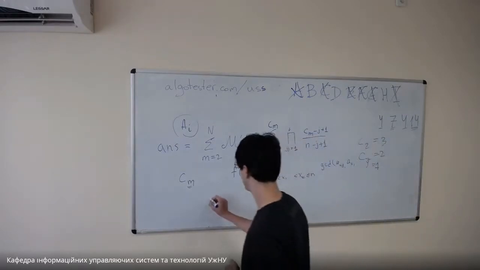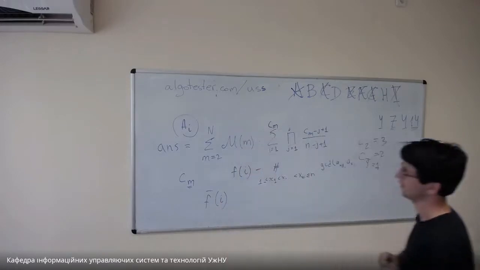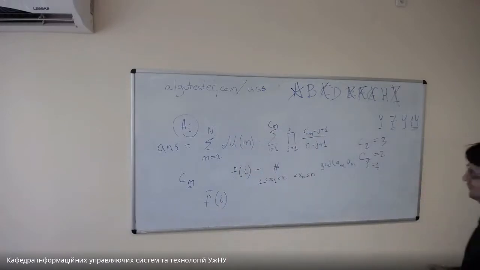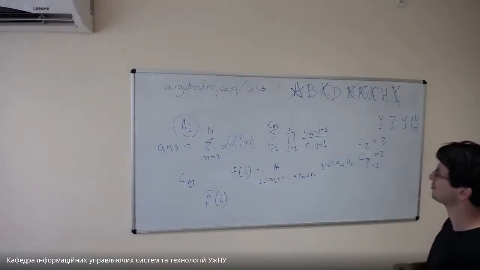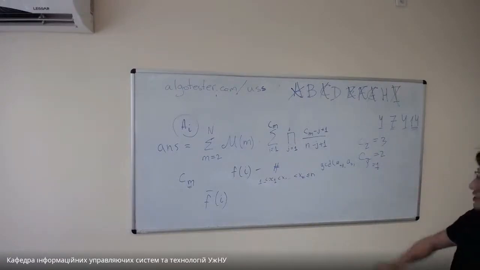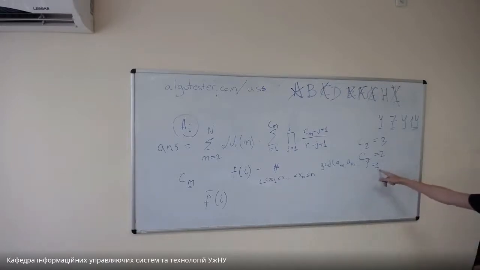So let's calculate f prime of i, which is equal to the number of subsets whose GCD is not equal to 1.